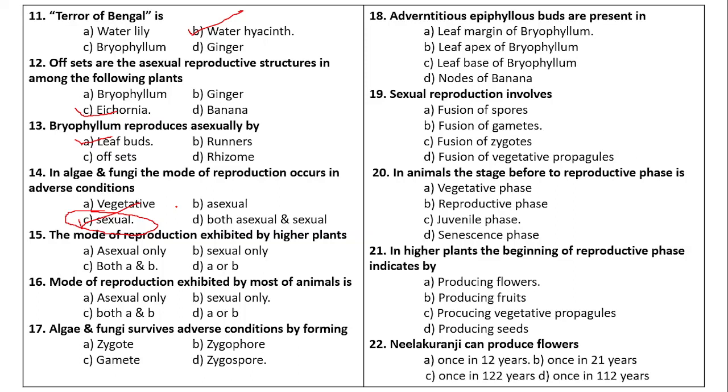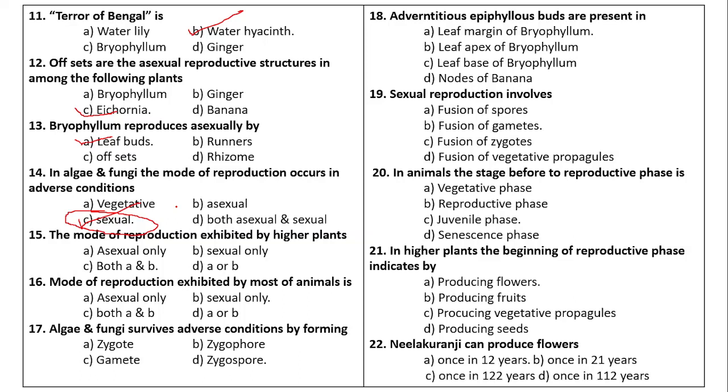In harsh conditions, they also have the chance of getting better variations. For that purpose, algae and fungi show the sexual mode of reproduction in adverse conditions. Right?